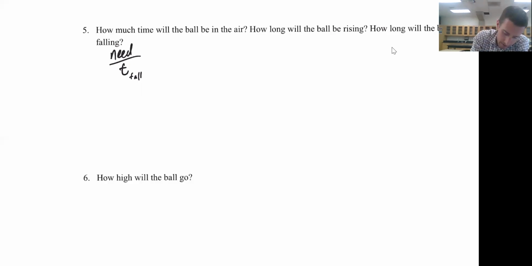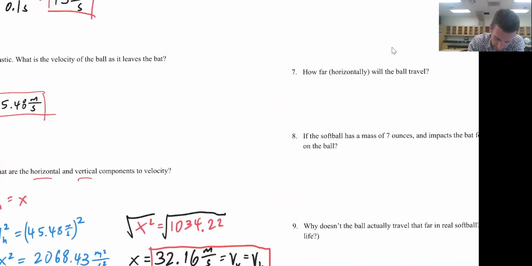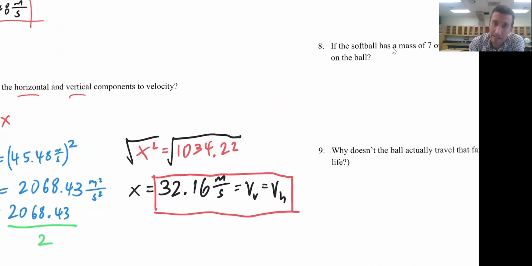I'm given, well, in this particular question, I'm not given anything. There's no numbers in this question. So I got to look at some of the previous stuff and think about, what do I know about the vertical? I don't know how high it's going yet. I just figured out in question number 4 the vertical velocity.